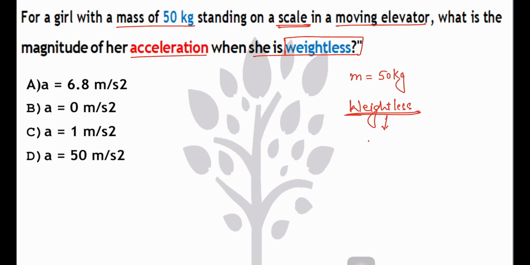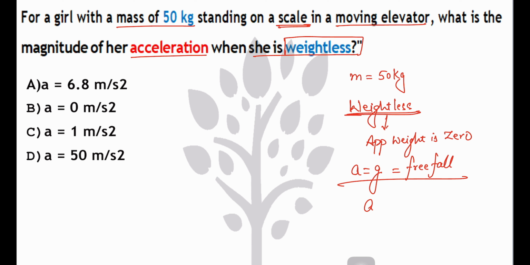It means the apparent weight is 0. So in that case, a is equal to g, which is called free fall. So what is the acceleration? 9.8 meter per second squared. This is 9, not 6. 9.8. Make it correct. Fine. Next question.